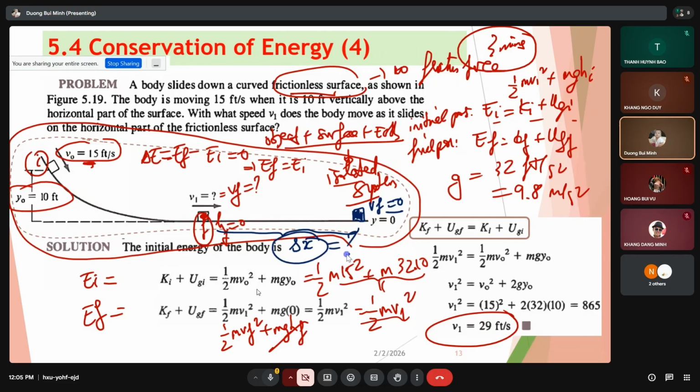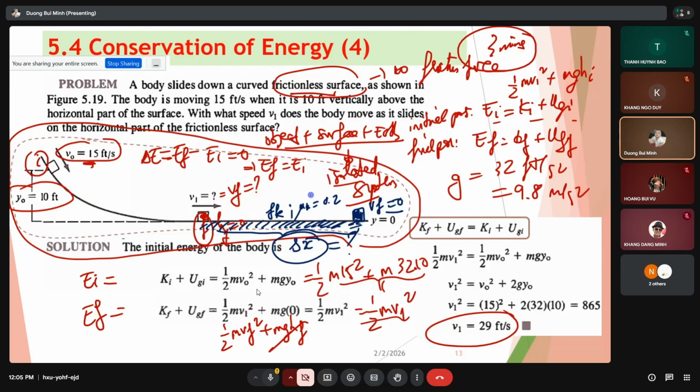Assume we have a friction force FK, and mu K, the friction coefficient, is 0.2.